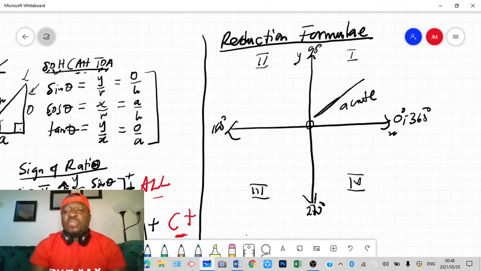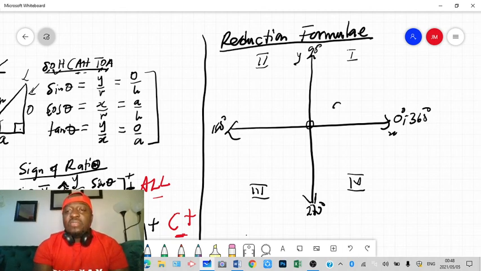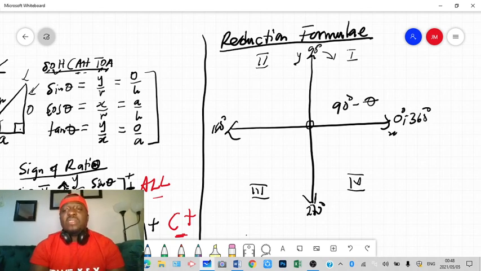And what is an acute angle? It's an angle that is less than 90 degrees. So I'll say 90, that means below 90: 90 minus theta. That is my first reduction, my first formula that I need to know in the first quadrant.